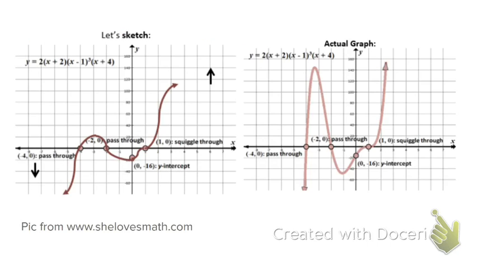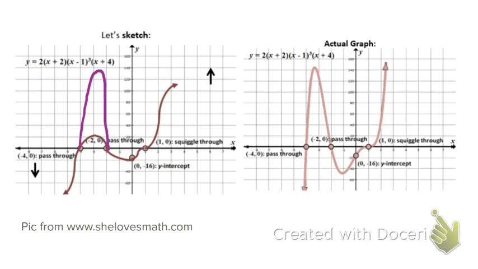The reason why I showed this picture, and thanks to the website shelovesmath.com, great website for some math stuff, I use it all the time. On the left is what your sketch might look like, and on the right is what it would look like on a graph. The point is that without a calculator, and without knowing calculus and how to find relative minimum and maximum or derivatives, pretty much knowing everything you know now, you don't really know where it's going to turn and go back to the zero.